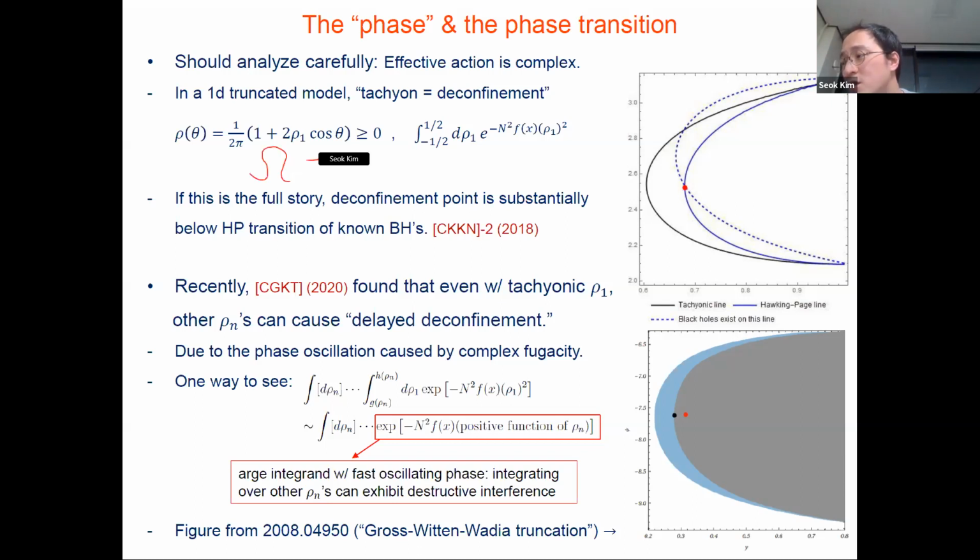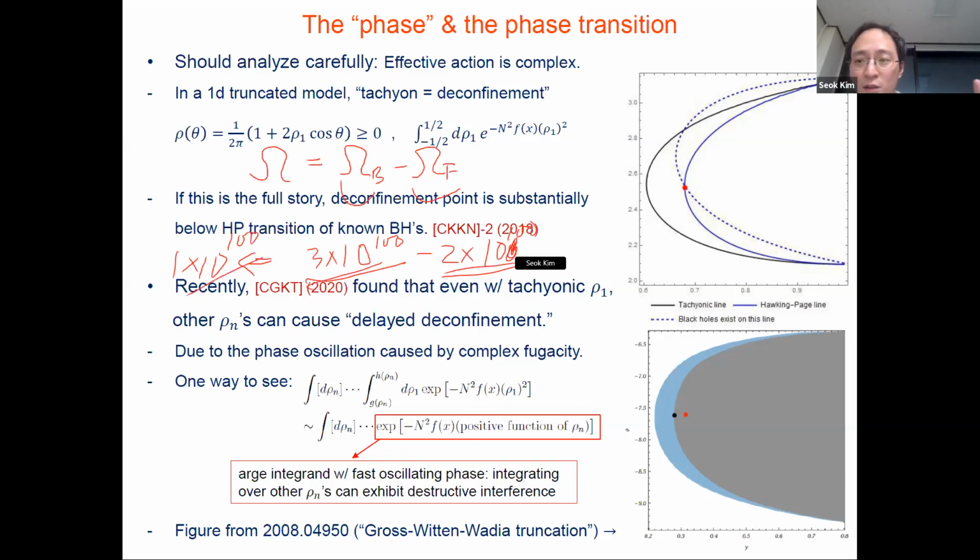Index is bosonic minus fermionic, but if they are both macroscopic, like 10 to the 100 times 3 minus 10 to the 100 times 2, these are substantially different, but the difference is at the same order, right? If you take log, everything is indistinguishable at leading order.